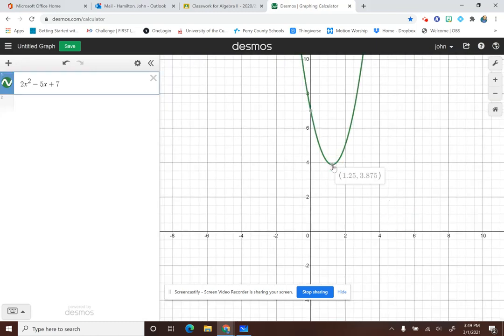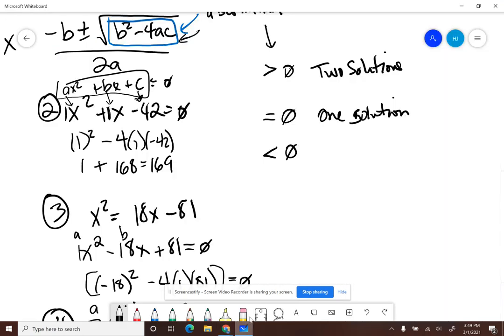Here's the minimum point. But you notice even my minimum is not touching the x-axis at all. As a matter of fact, I don't have any points that are touching the x-axis. And so we know then that there are no solutions. There are no values of x that I could ever put into this equation that's going to make it cross the x-axis. And so you notice that anytime the discriminant is less than 0, I have no solutions, okay?